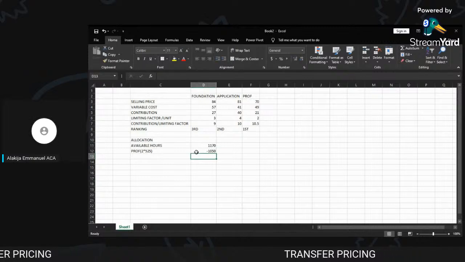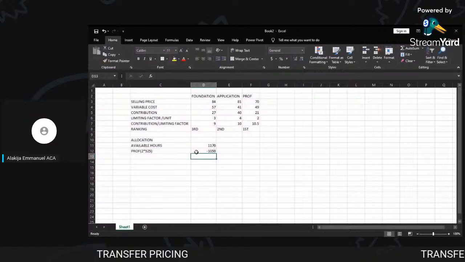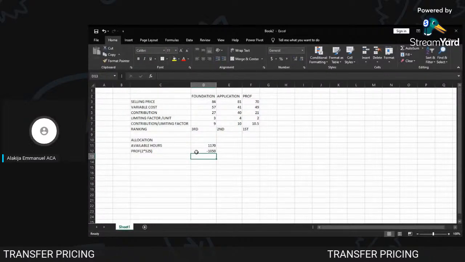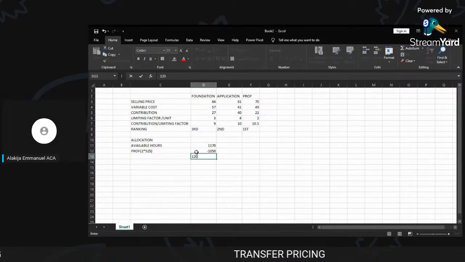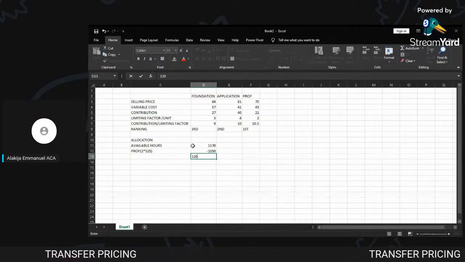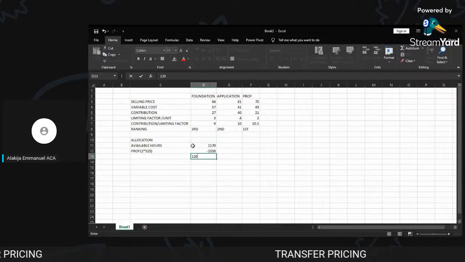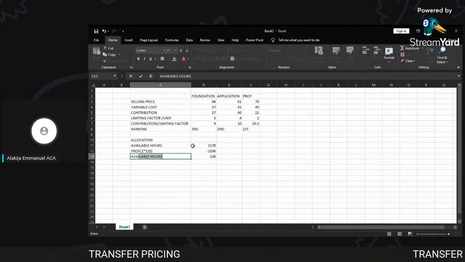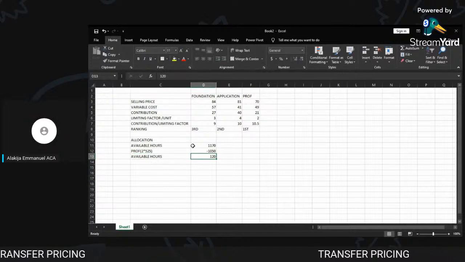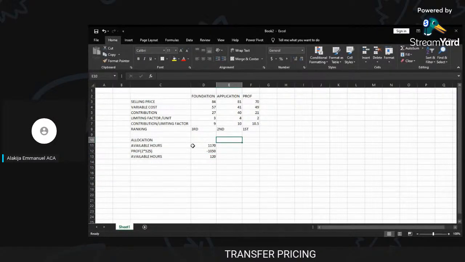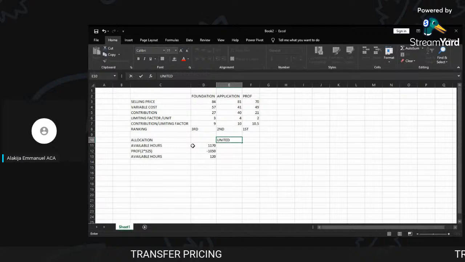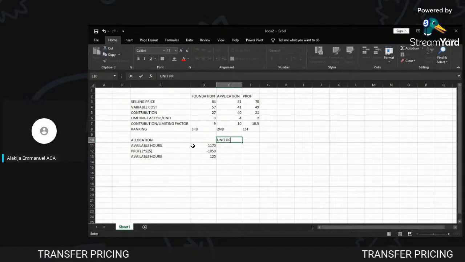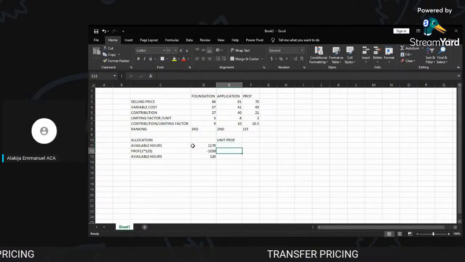When we deduct it from 1000, we have 120 left. So 120 is the new available hours after we've given professional, and the units produced by professional are going to be 525.